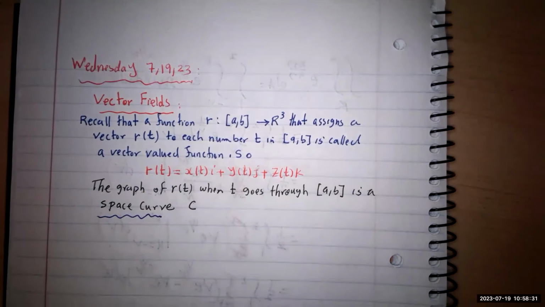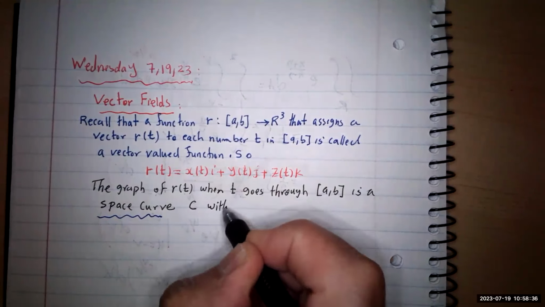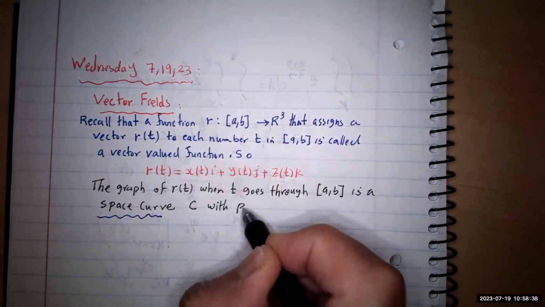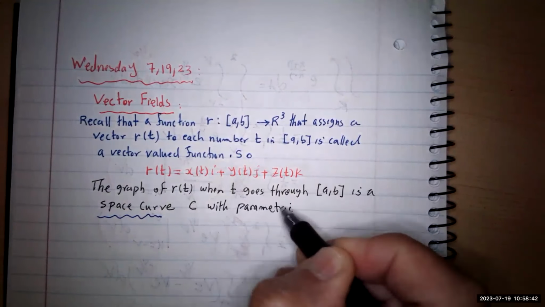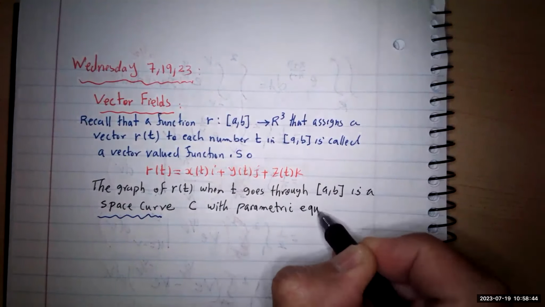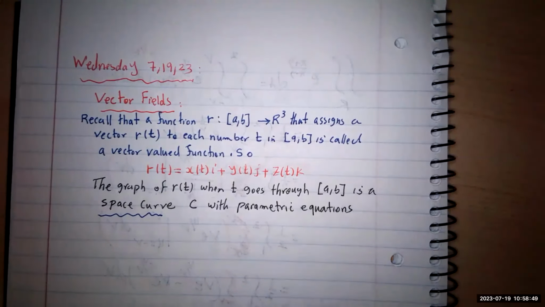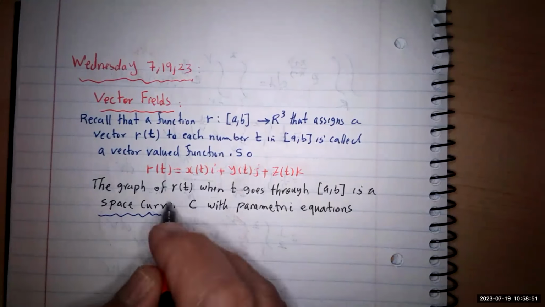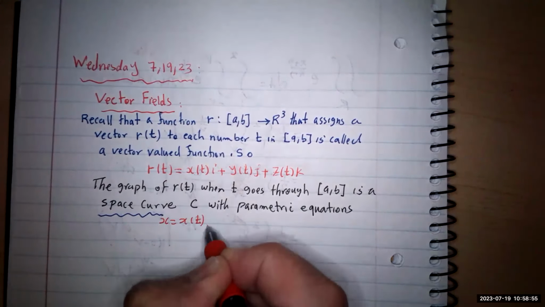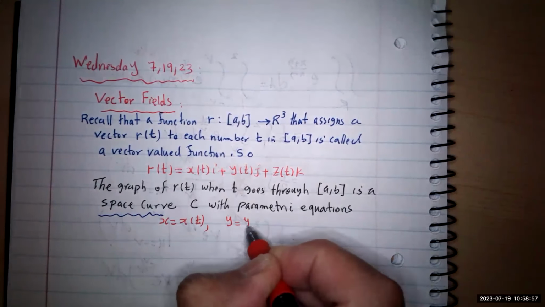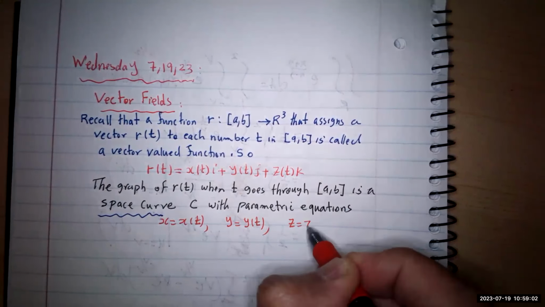Each curve would have an equation with parametric. These parametric equations again are going to be quite important. So the parametric equations of your curve are going to be the following. The x would be x of t, a function of t, y would be y of t, and the z would be z of t.